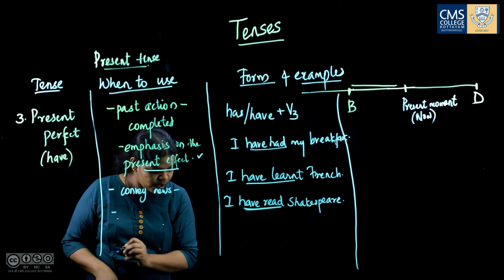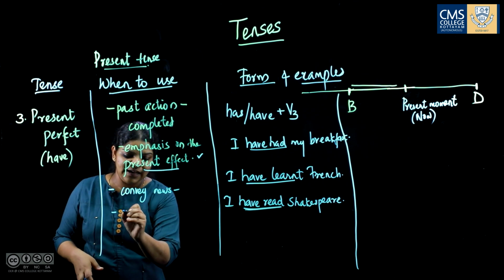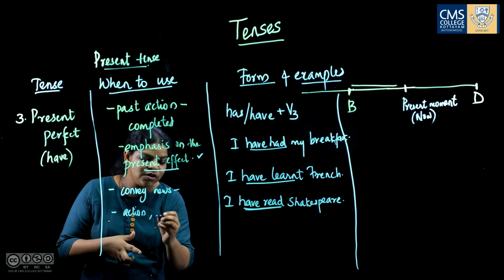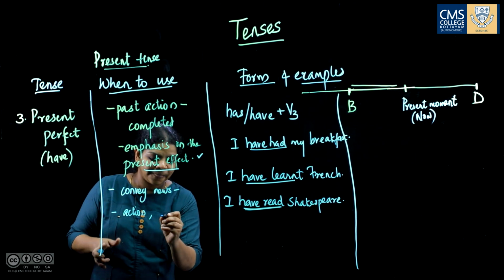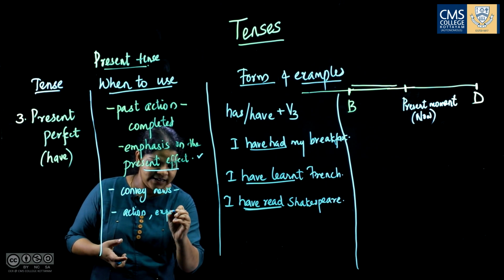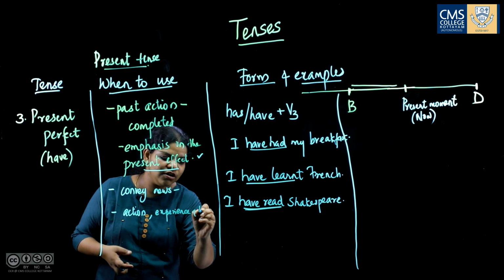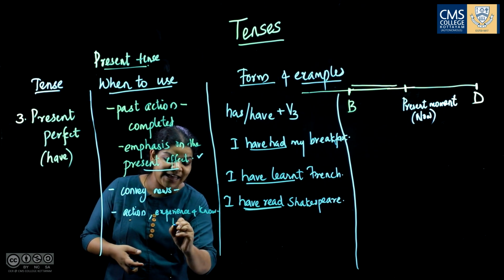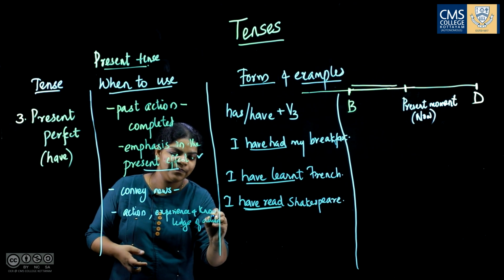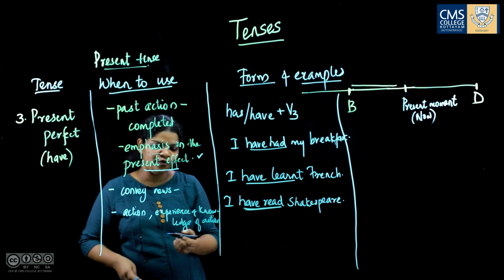Similarly, when you want to show an action in the past, okay, and you want to stress on the fact that the experience and knowledge of that action remains with us even now. It is quite similar to what we said before. Okay?